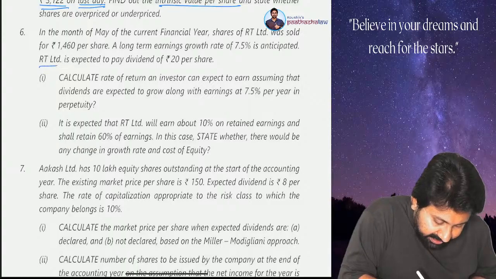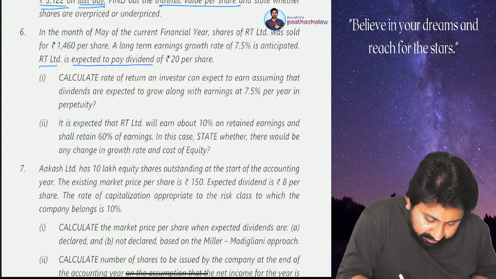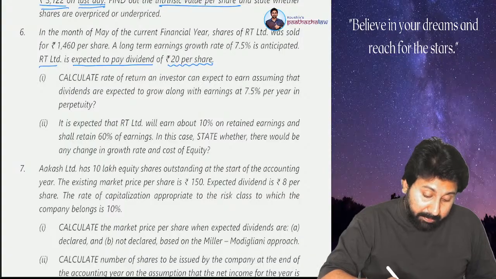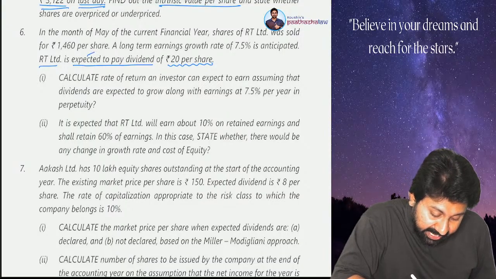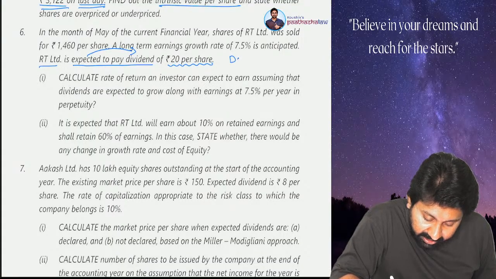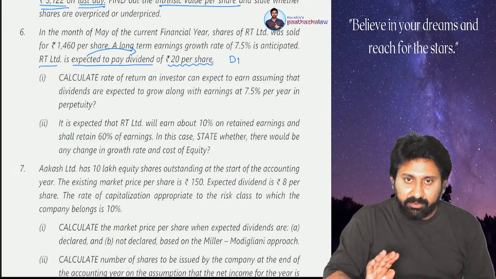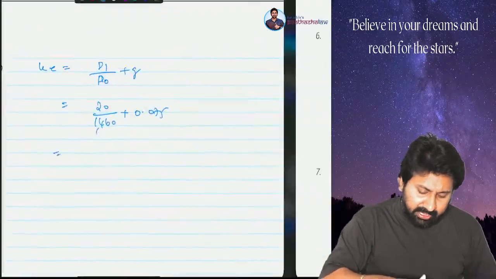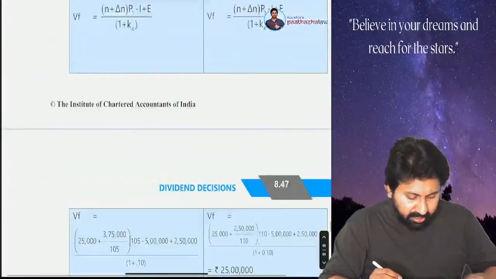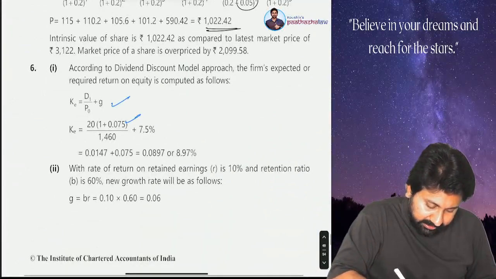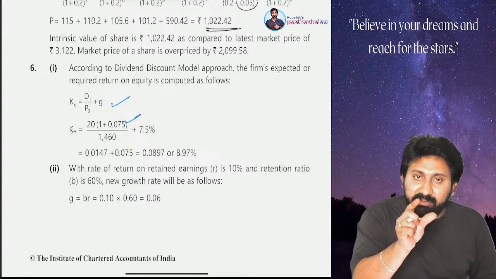RT Limited is expected to pay dividend of 20 per share. Expected to pay dividend of 20 per share means it is expected dividend. Already this is D1. Again, you need not apply any kind of growth to that. Okay. In remaining questions, they have done like that. But in this question, what they have done? They have taken this and again they applied a growth on this. Okay. That's why answer will slightly change.